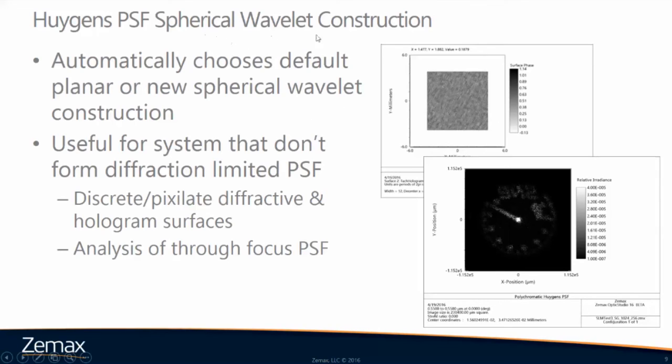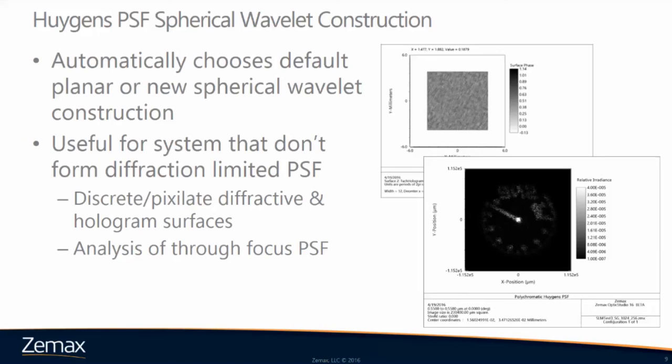Using this new spherical wavelet construction method, we can now accurately simulate these very complex diffractive surfaces that don't form a single point spread function that's diffraction limited. The choice of whether to use the default planar wavelet construction or the new spherical wavelet construction method is automatically determined in the software, so you don't need to worry about setting anything in order to get accurate results.